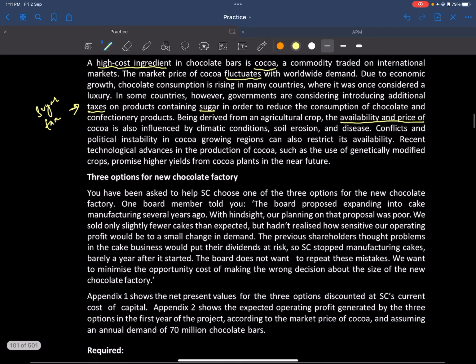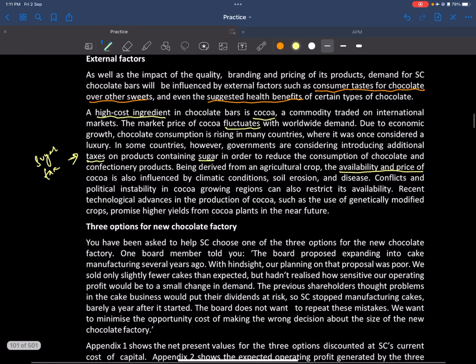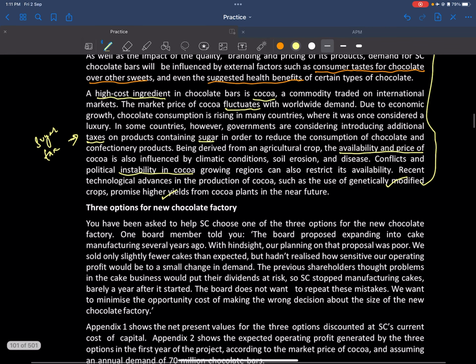So political conflicts and political instability in cocoa regions will restrict its availability. Recent technological advances in production of cocoa, such as use of genetically modified crops which have higher yields, promise cocoa plants in the near future. Okay, it's not yet available, but it promises in the near future, so we might keep constant tabs on that.